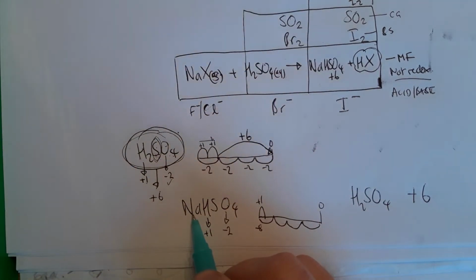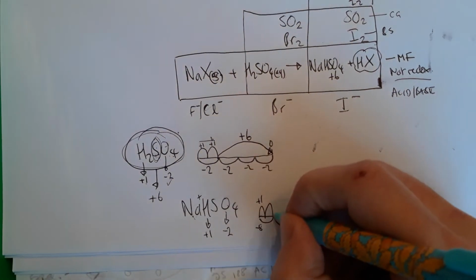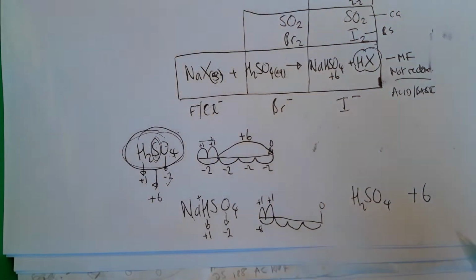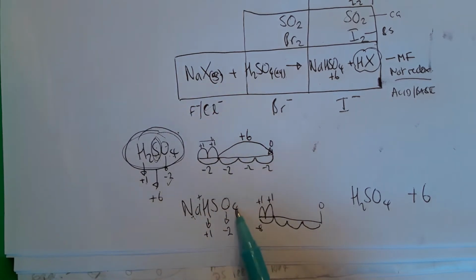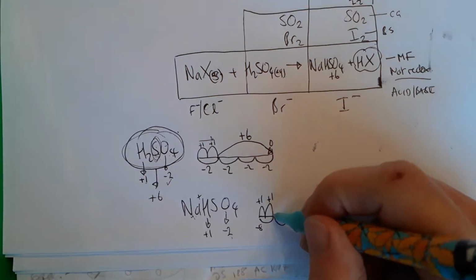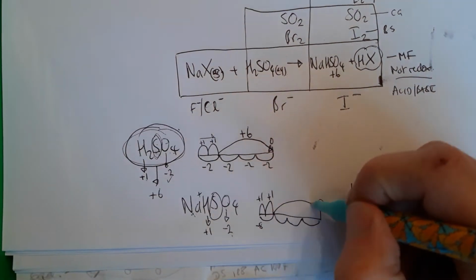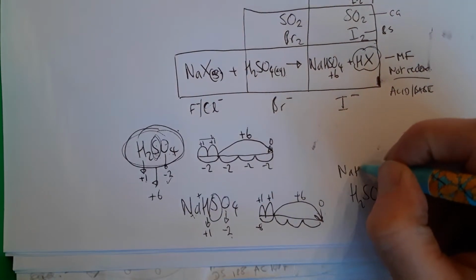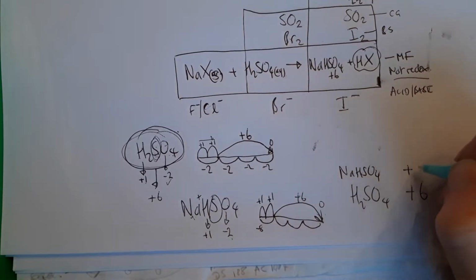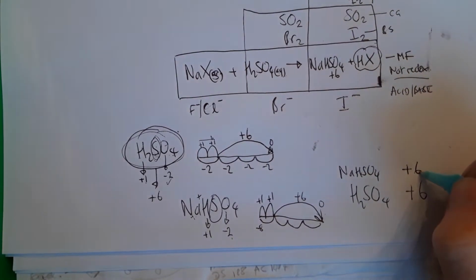A sodium is a group 1 metal, and when a group 1 metal is in a compound, it'll be +1. It's one of your rules that you need to learn. So if you are that person who said, I don't get oxidation states, learn those rules. Sodium is always +1 in a compound. Hydrogen is always +1 in a compound. Oxygen -2 in a compound. So that means I've only got the sulfur to take care of. The sulfur must be +6 to get me back to 0. So in NaHSO4, the sulfur is also +6.